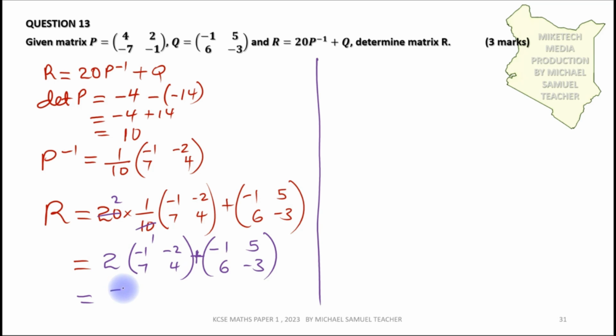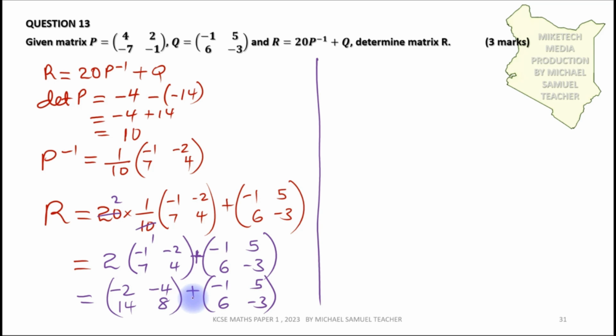This will be minus 2, then minus 4, then 2 times 7 is 14, then 2 times 4 is 8, then plus the matrix minus 1, 5, 6, minus 3.